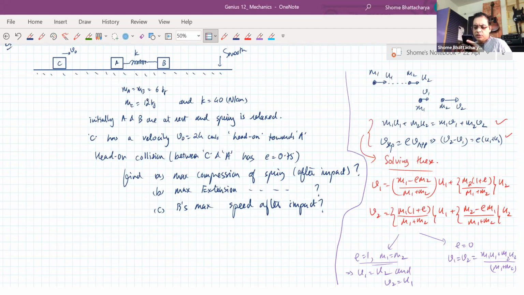Bhumik, there's a question from you also about rotational mechanics. So very good. We're going to be concentrating on rotational mechanics and collisions today.